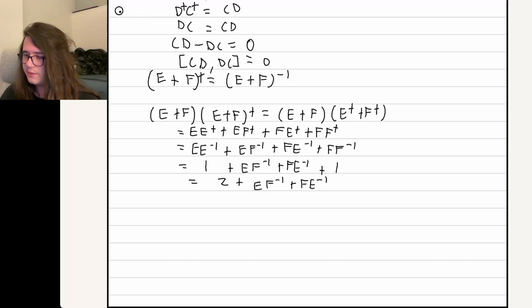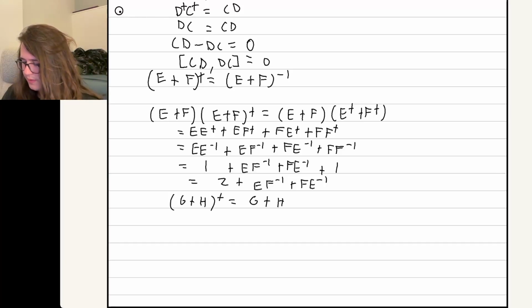The next thing that he's going to ask is if you add together two Hermitian matrices, do you still get a Hermitian matrix? So we're checking that if we add together G plus H, assuming they're both Hermitian matrices, and take the Hermitian conjugate, do we get G plus H back out?